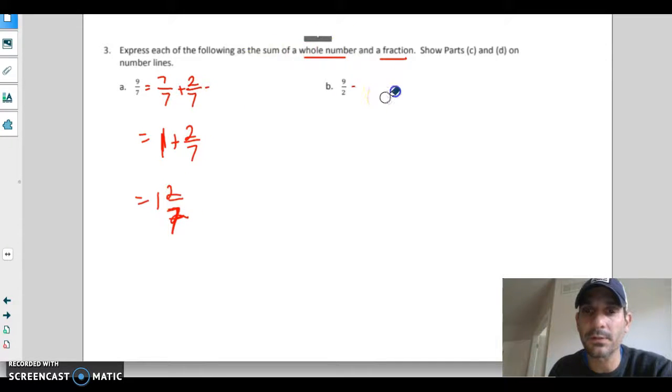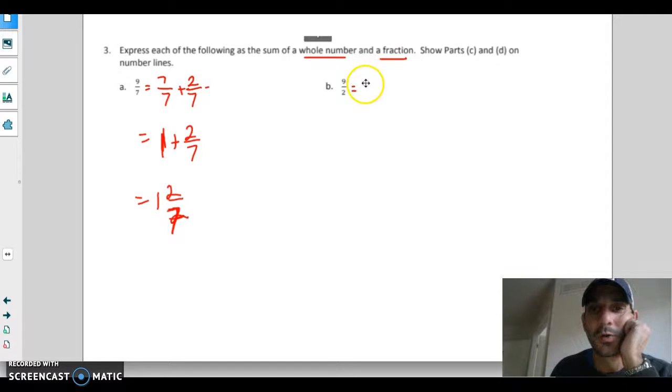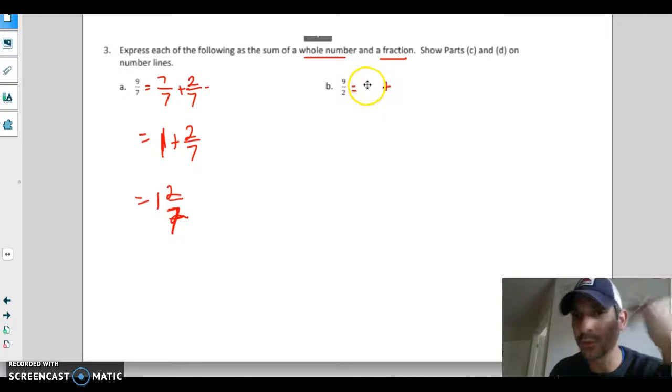I'm going to erase this. And I got to come up with a whole number. So what I'm going to think of is, what could I have as a whole number here that's going to give me 9? So there isn't like 10 over 2, but 10 over 2 is actually equal to 5. I'm going to use 8 over 2.